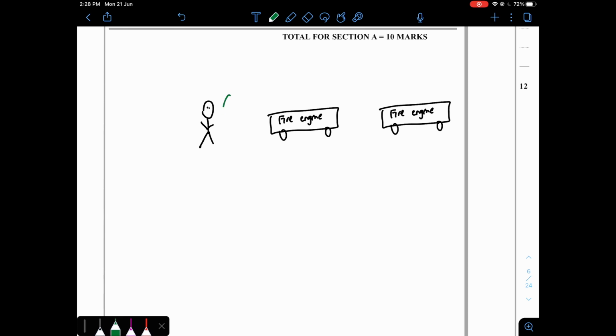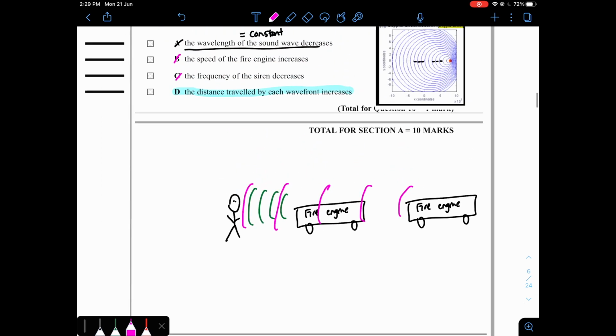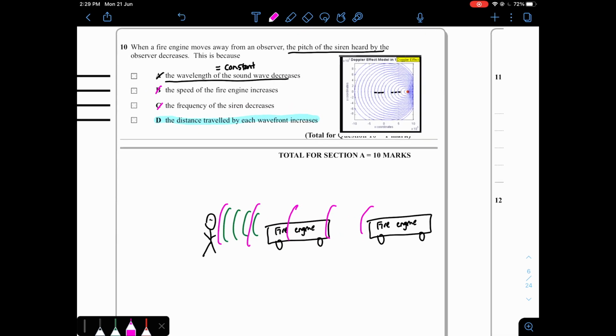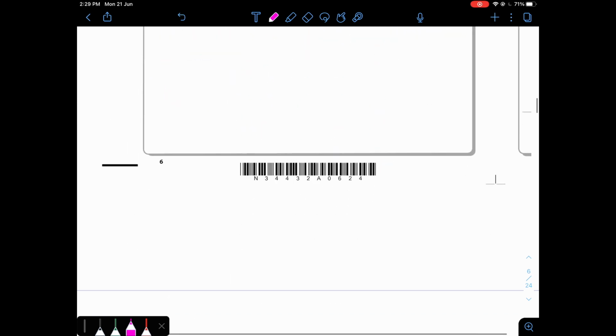Initially, the guy is going to hear lots more sound from the fire engine. But as it goes away, it's going to take a long time for the person to hear it. So the pitch must decrease as it's going away. That's why D is the answer.